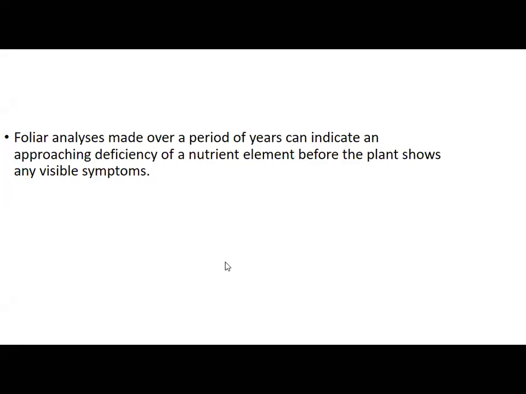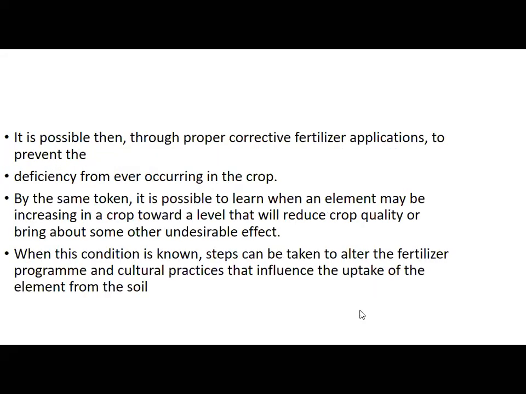So we are able to avoid the deficiency before the plant shows visible symptoms. It can be possible through proper corrective fertilizer application to prevent the deficiency from ever occurring in the crop. We have to predict the proper spray of fertilizer to avoid the deficiency in the crop.